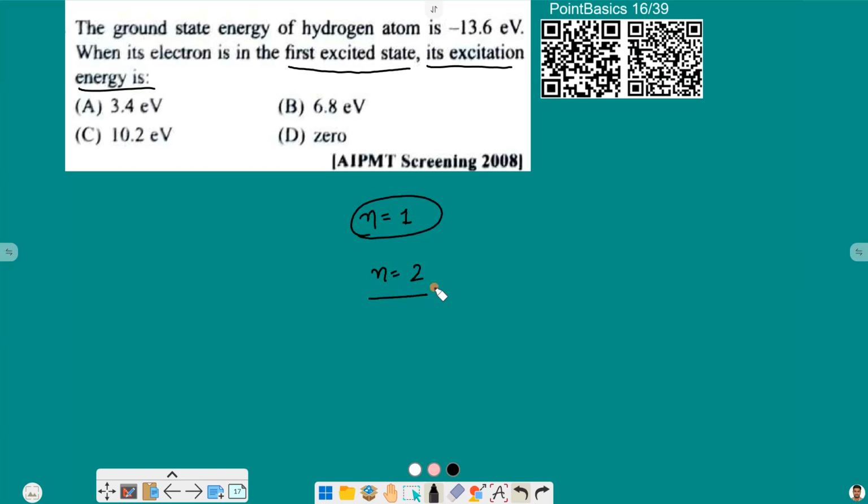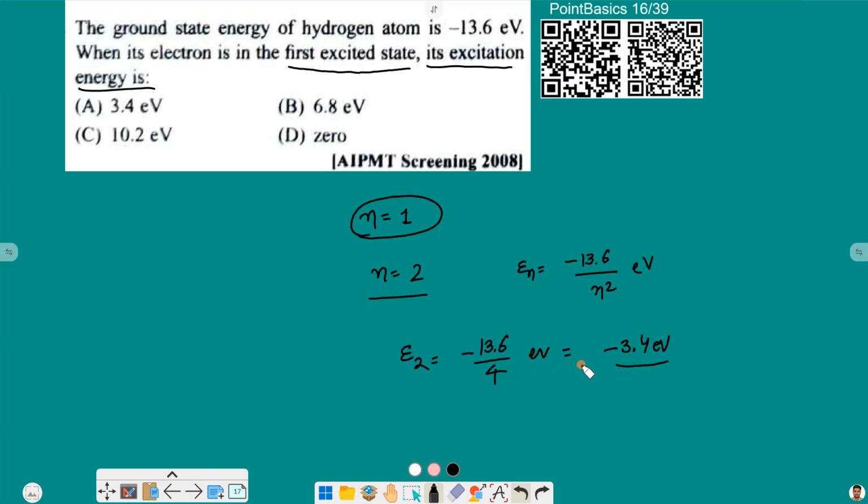And for hydrogen atom, we know that E of n is equal to minus 13.6 by n square electron volt. So using this formula, we can calculate the energy of the second level or first excited state. So E2 will be equal to minus 13.6 divided by 4, and that will give us minus 3.4 electron volt.